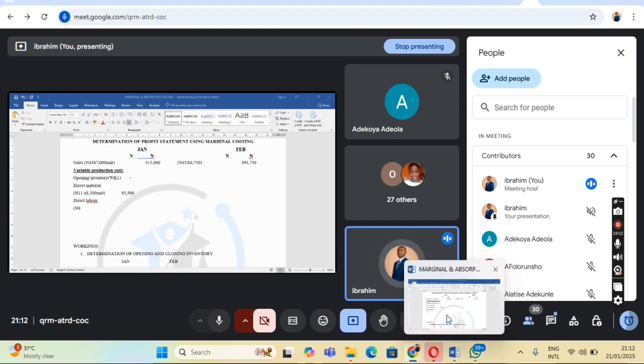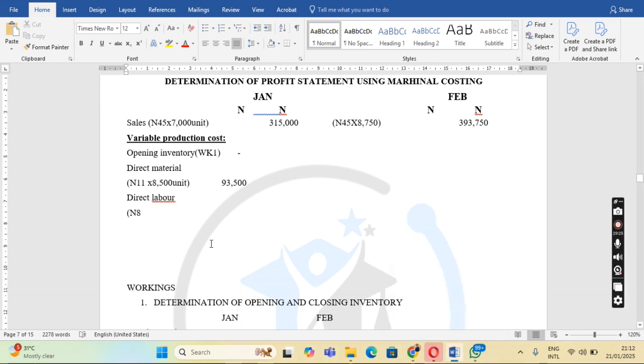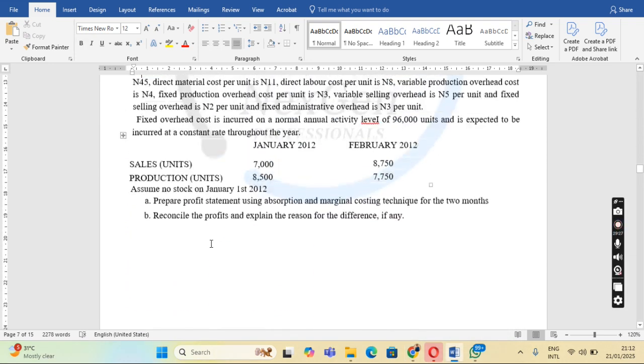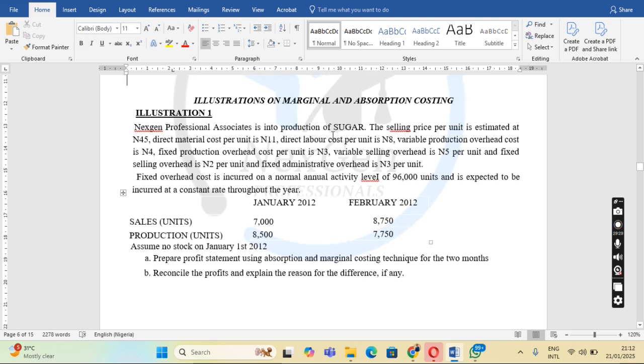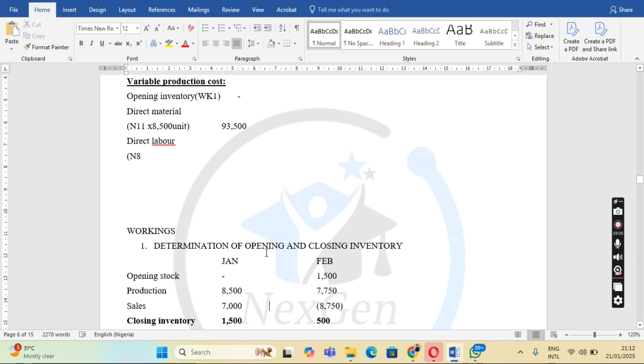Now, if that is established as well, it is 8 naira, right? Which is given in the question as your direct material. Now, if this is established, we need to multiply it by the units, which is 8,500 units.